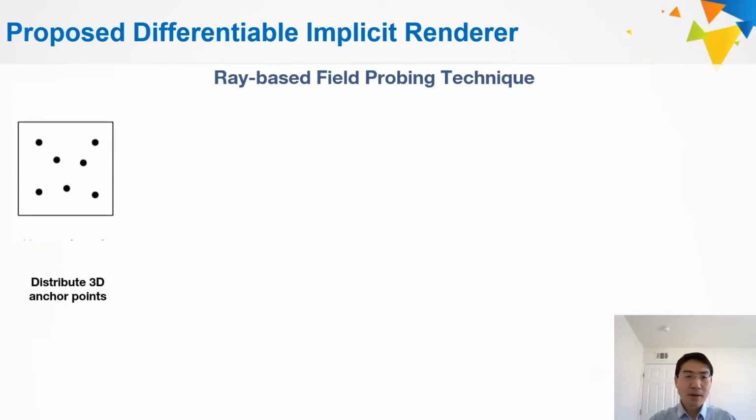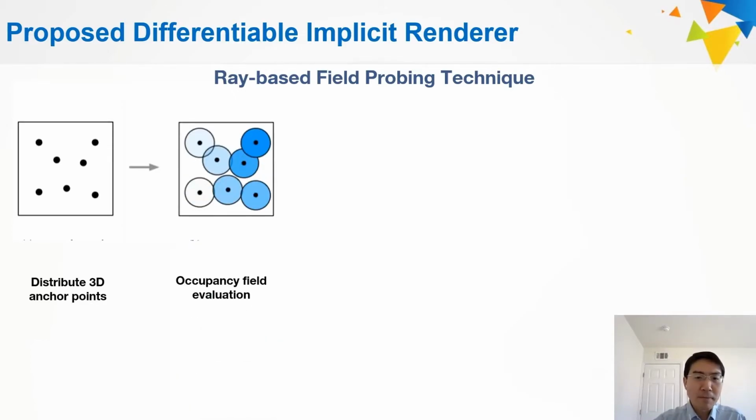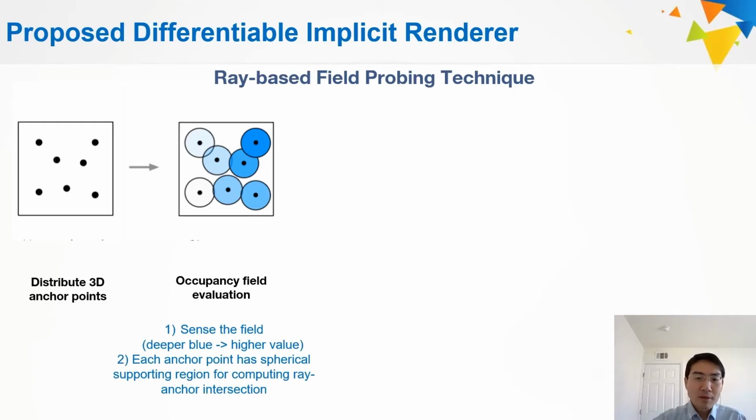Okay, let's see how we make it differentiable. Here we have some distributed 3D anchor points, and we build the occupancy field evaluations for each of them. Each of them is a sphere, but here in 2D we just use circles. The deeper blue means that the probability is higher. Each anchor point has a spherical supporting region for computing the ray-anchor intersections.